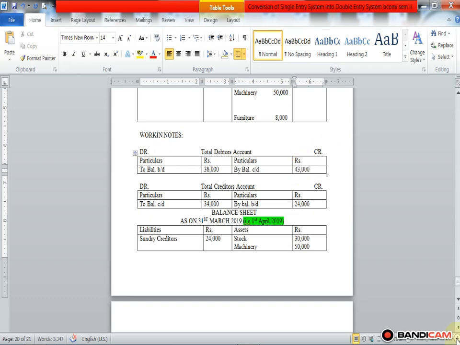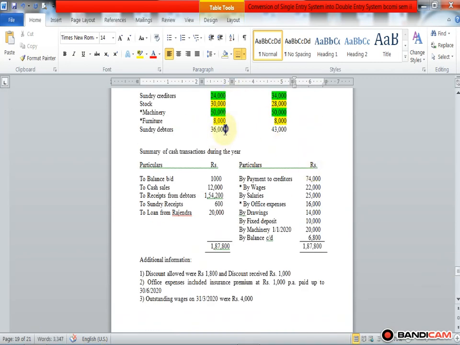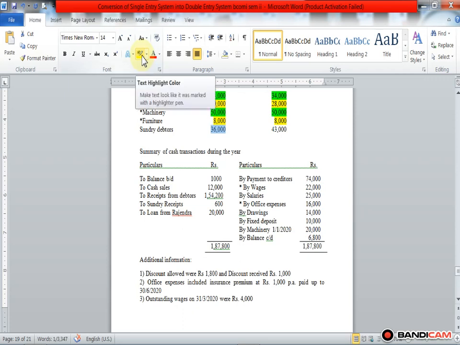Got it? So here we transfer the opening and closing balance of sundry debtors to the debtors account.